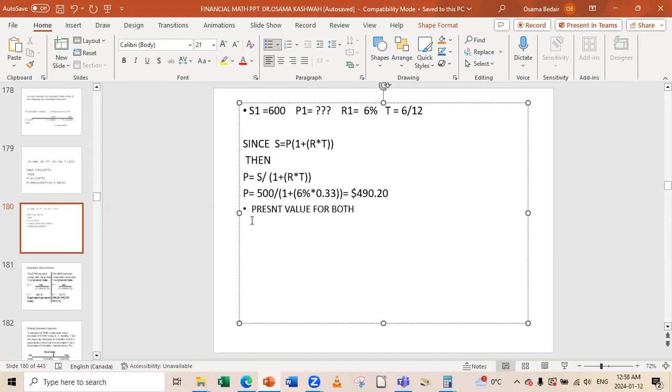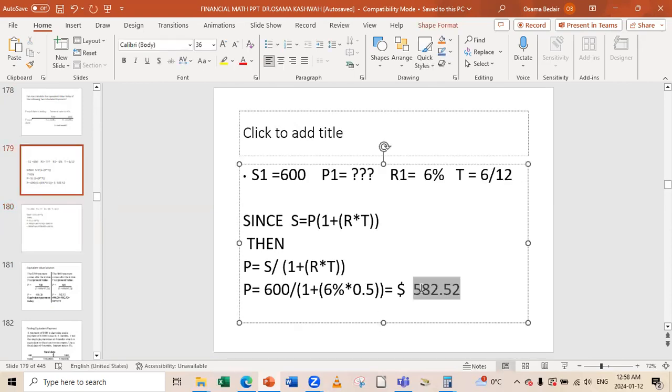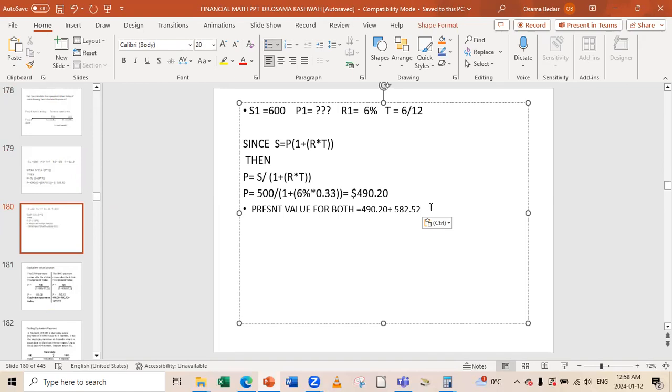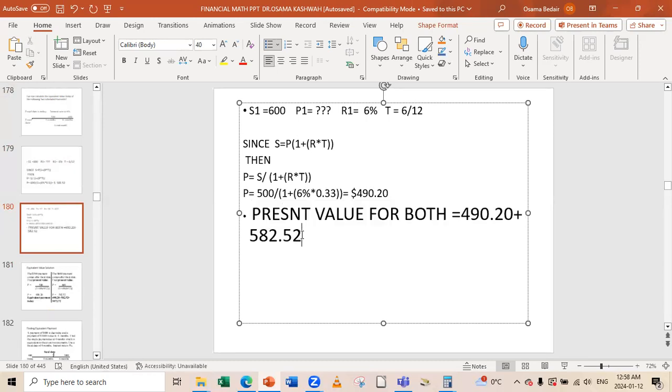The present value will equal the 490, which is this one, plus the previous one, which is 582.52, Control and C. Then we'll put it here, Control and V. Let me enlarge what we are doing so everybody can see it clearly. So that will equal the present value for both.